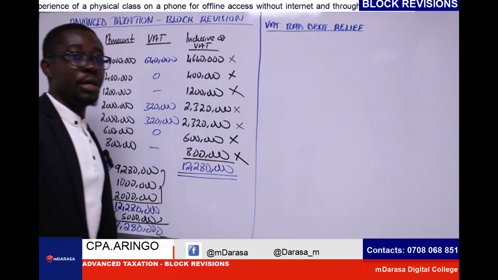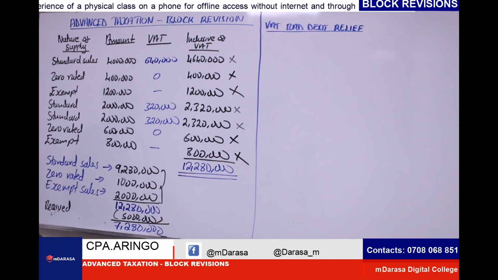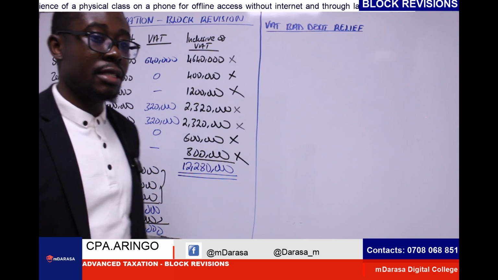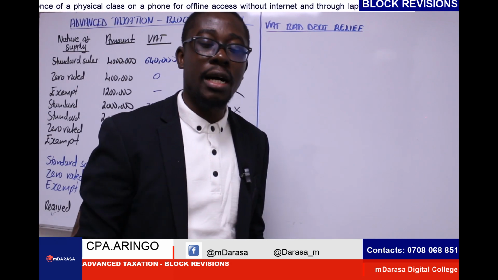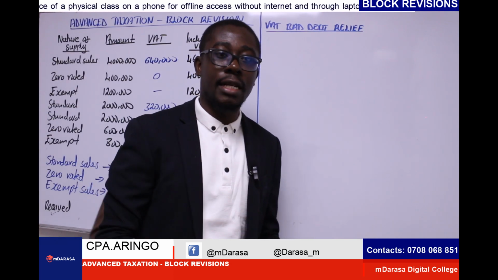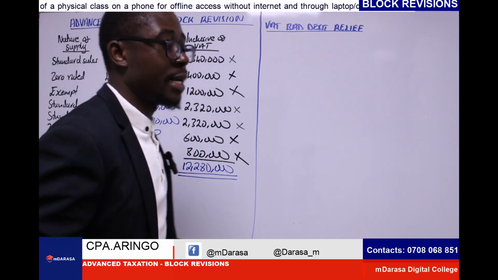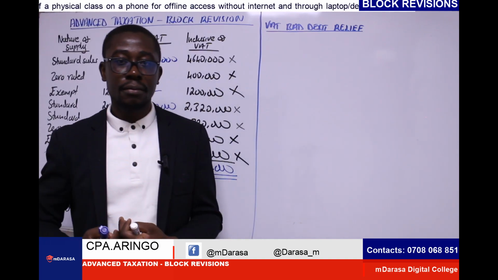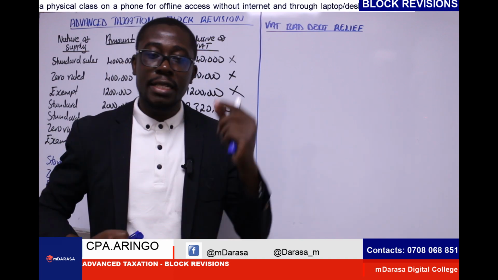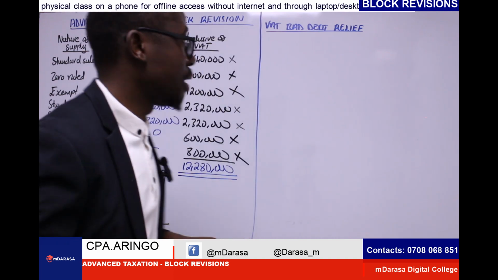So how will we go about it? Remember, VAT will only be chargeable on the items that were subjected to VAT, which was standard. So we need to determine the proportion of the standard sales that had not yet been paid.